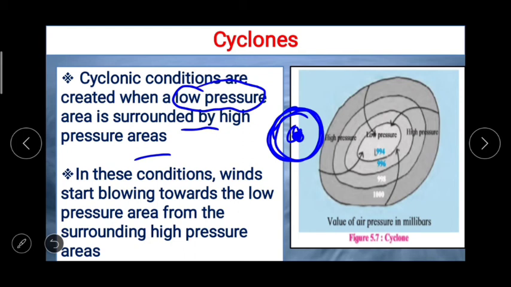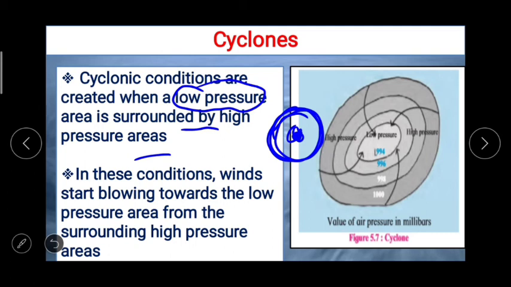We have also studied that wind or air travels from high pressure to low pressure, and here there is a low pressure area which is surrounded by high pressure area, so from the high pressure, wind starts blowing towards the low pressure area, and this forms the cyclones.